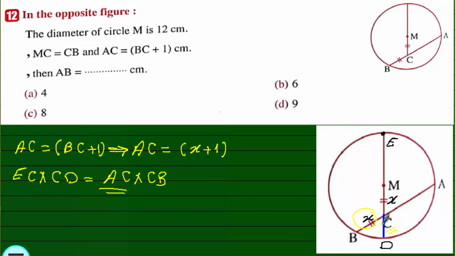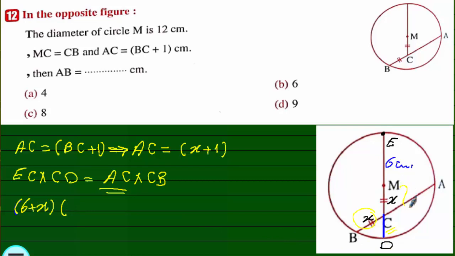And EC consists of two parts, EM, which equals 6 centimeters. So you can substitute EC equals 6 plus X, multiply the length of CD.